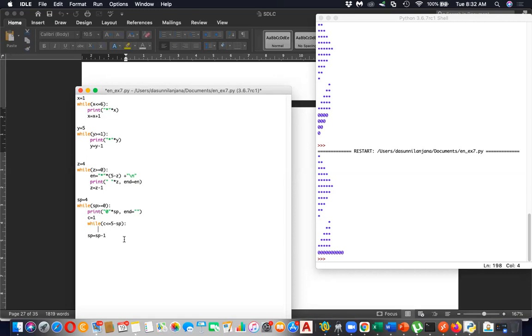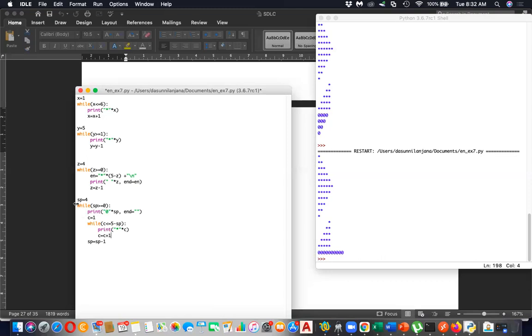What I'm going to do, this time I'm going to print asterisk. Print asterisk into c. And then I'm going to increase c equals c plus 1.